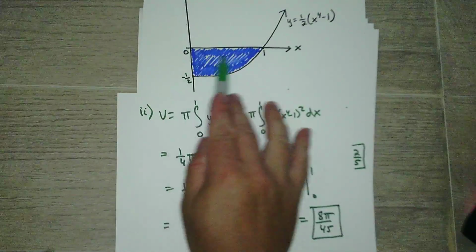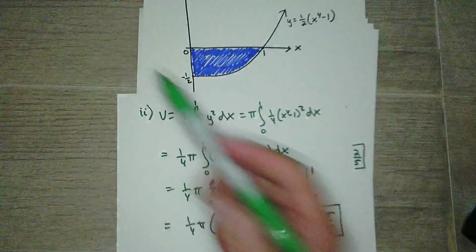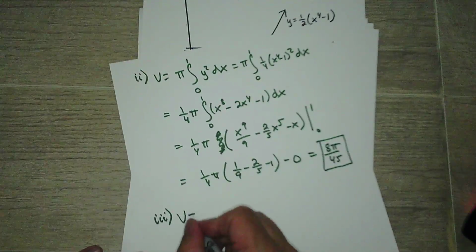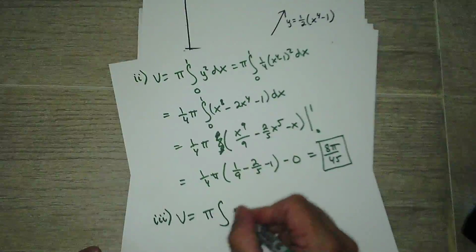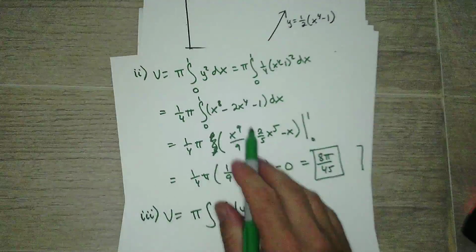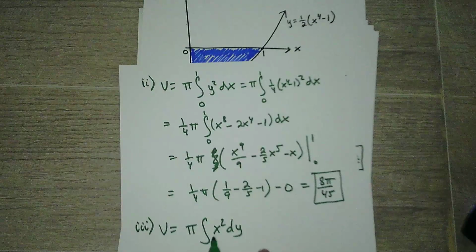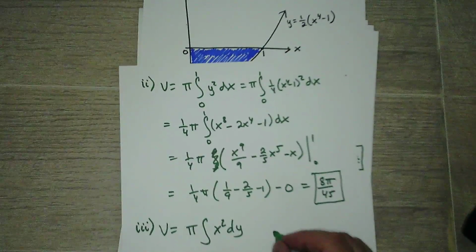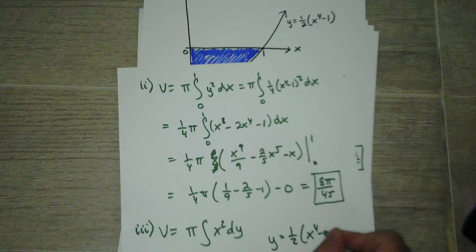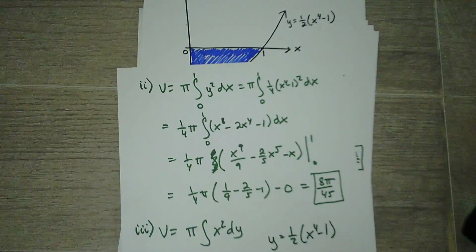Part III is rotating it now about the y-axis. So if we're going about the y-axis, that's x squared dy. That means we need to solve this equation for x squared. So let's do that first. Multiply by 2.